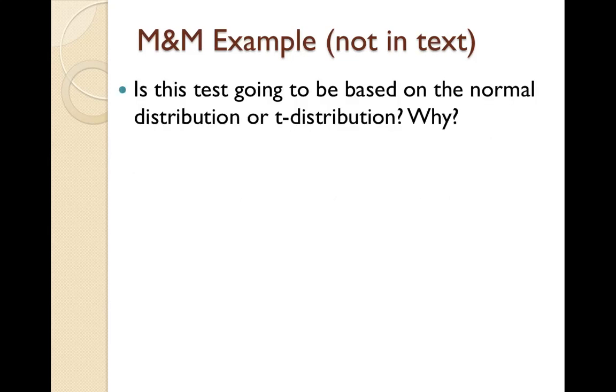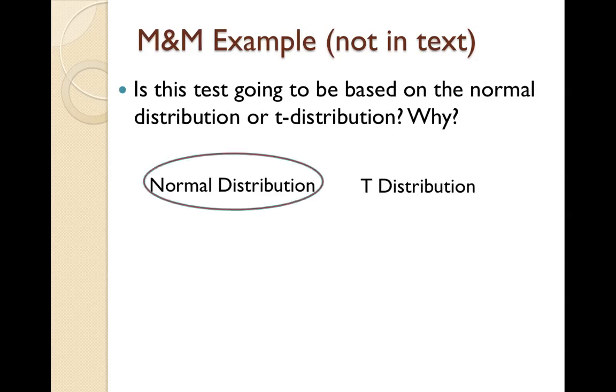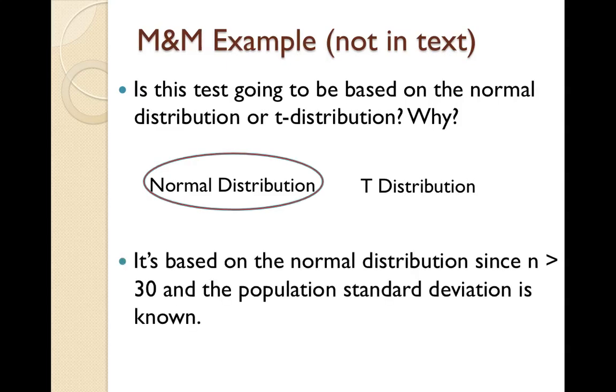Is the test going to be based on the normal distribution or the t-distribution, and why? We're going to base it, again, on the normal distribution for the same reason. N is greater than 30, and the population standard deviation is known. More important than the sample size is really the population standard deviation.